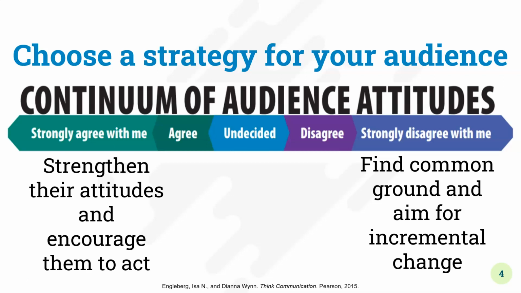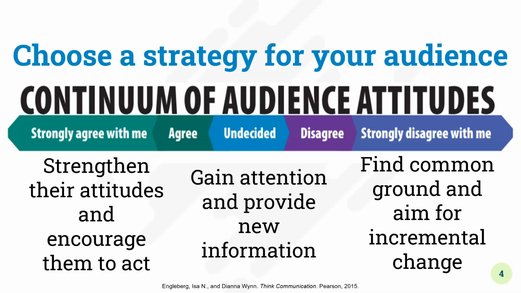And you are most likely not going to change their mind about something, at least not completely. But if you can find common ground, what your aim should be is just for small incremental changes. And if they're undecided, what you want to do is get their attention, first of all, and then provide some information that's new to them.